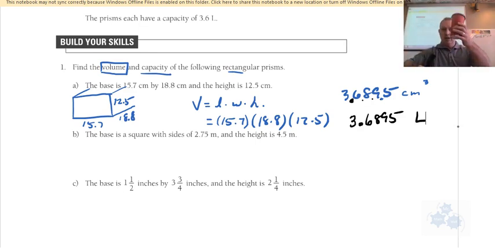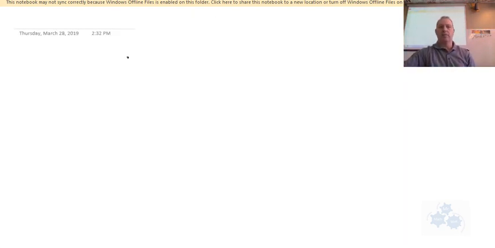Ready? Write this down. Here's the coffee question. The width of the top is 8.7 centimeters. Write that down. The width of the bottom is 6.2. So 8.7 and 6.2.